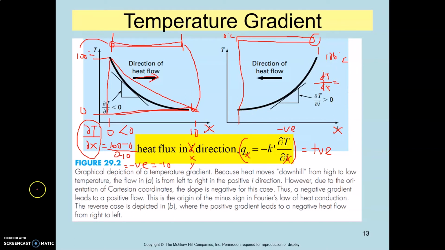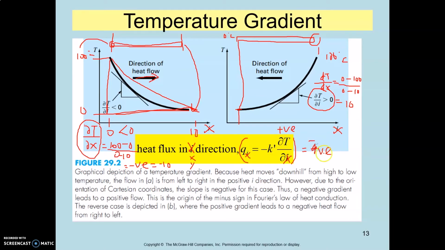Same approach: the temperature here is 0, you minus 100, and the distance here is 0, you minus 10. So in this case, you get a positive gradient, which is greater than 0. Once you get positive, you multiply with negative k prime, your heat flux is negative.